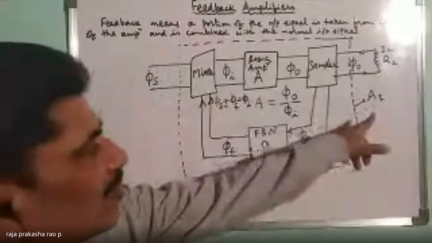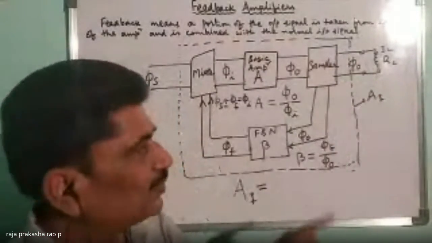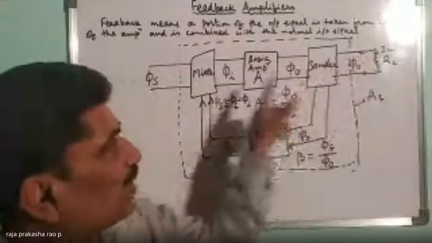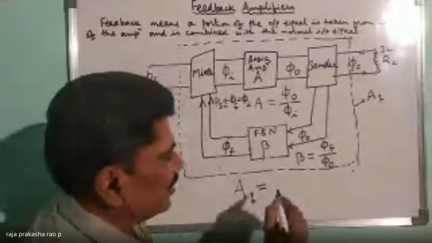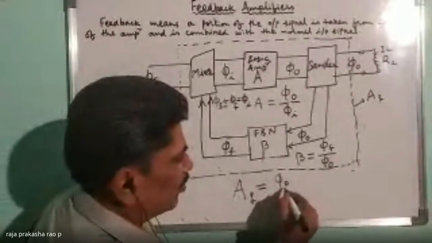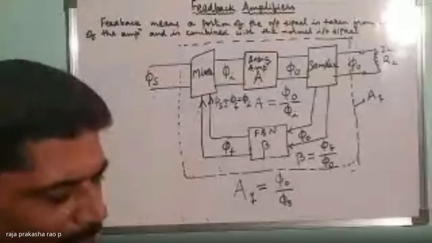Clearly telling, this dotted line is the feedback amplifier. Output is phi naught. So phi naught is the output and the input is phi s. So phi naught by phi s. Okay.